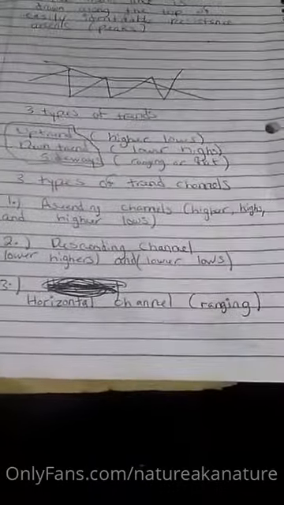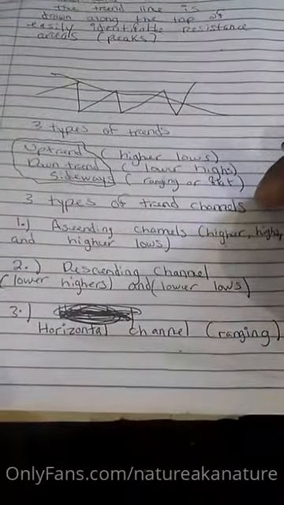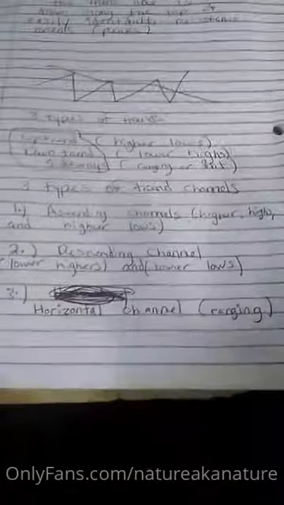It's going to create higher highs and higher lows. For the downtrend, it's called a descending channel. It's going to create lower highs and lower lows. And then you have the horizontal channel, which is the sideways channel, and it's just going to be going horizontal. And it's not really going to be doing nothing.